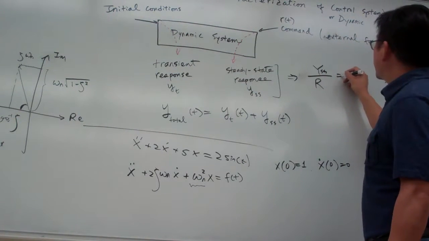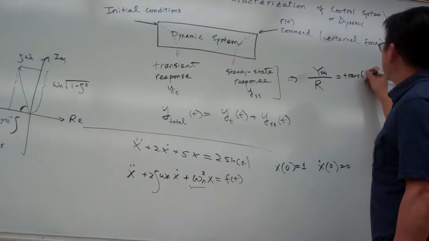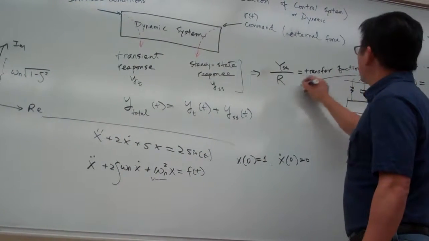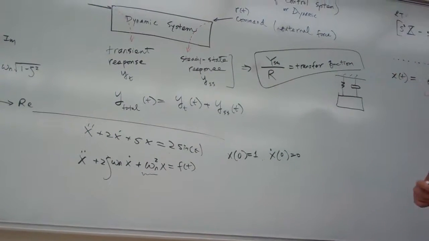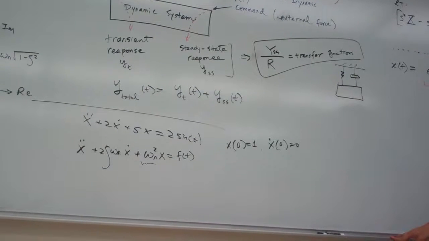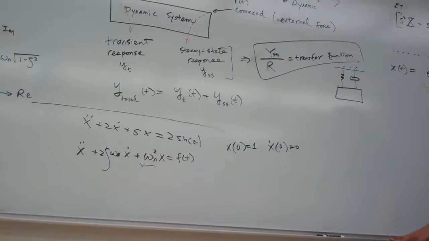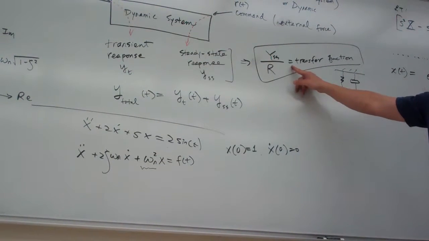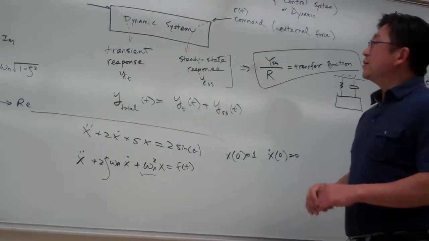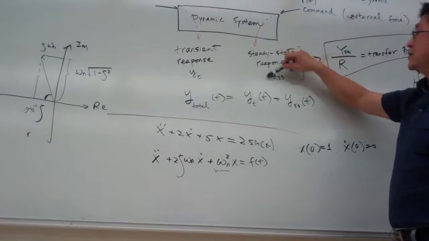So basically, this is our transfer function. Okay. So with this, I just want to one more time impose the concept of the transfer functions. Later on in chapter 5, we will be more on this route here.